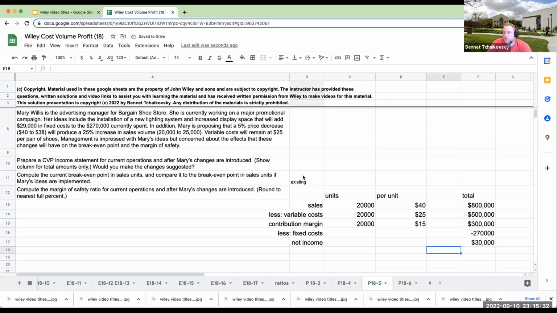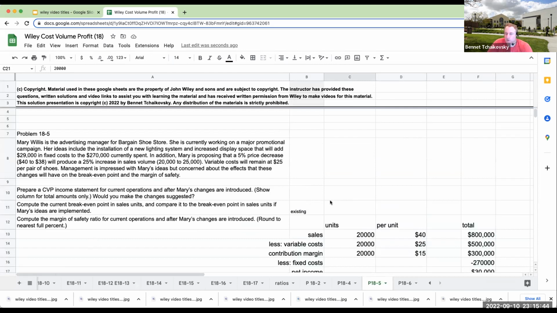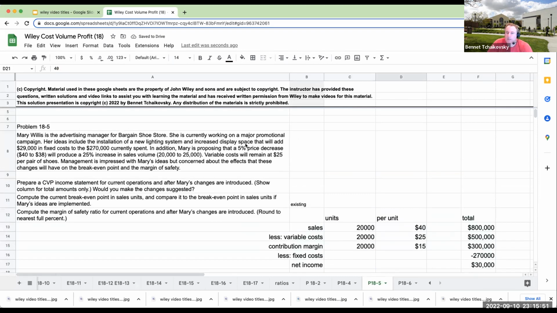Now, this is our existing situation, right? So what is going to happen with the new changes? The first thing is that our sales volume goes from 20,000 to 25,000 units, and our per unit sales price goes from $40 to $38.